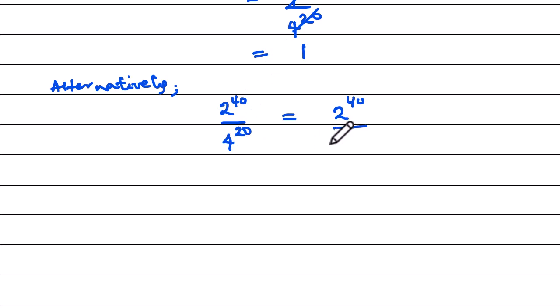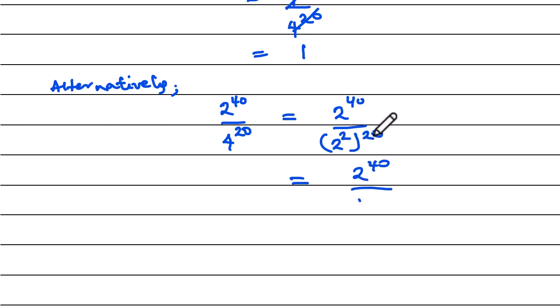So this is 2 raised to power 2. 4 itself is 2 raised to power 2, then raised to power 20, which can now be written as 2 raised to power 40 divided by, this is 4, this is 2 raised to power 2.